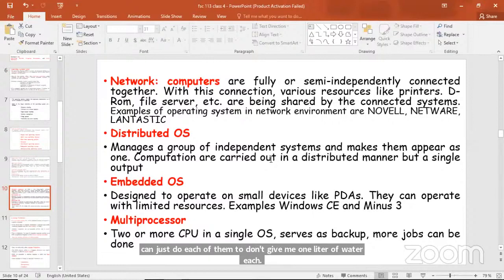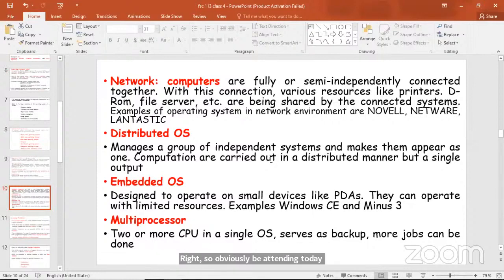So I've distributed the task to each of them independently. So what I, as the collator, will do is to just collect the 1 liter from each, pour it in the 25-liter keg, and I have my 25-liter output. Then for embedded OS, they are designed to operate on small devices, right?